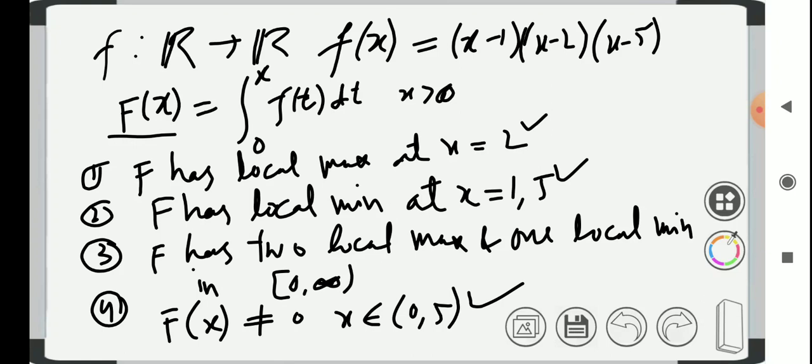Therefore, if you have already studied the Newton-Leibniz formula, you can simply calculate the derivative of this capital F, and you will easily deduce the local max and local min property of F by simply using the first derivative test. F dash of x will be simply f of x.